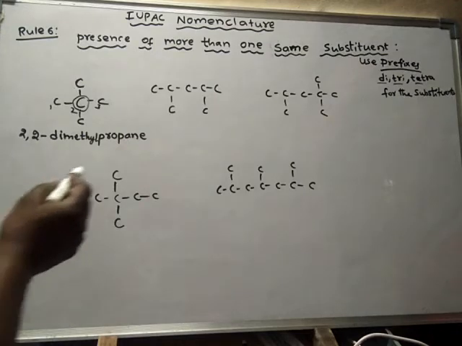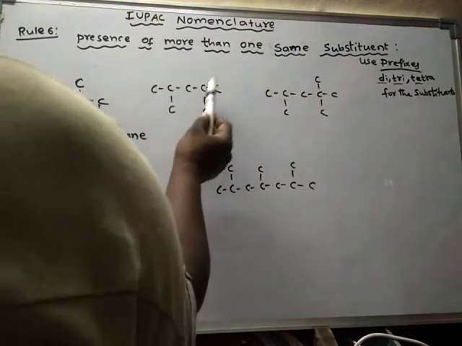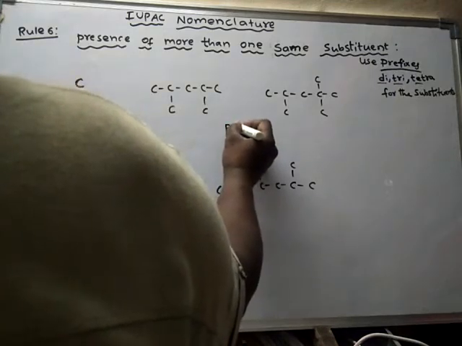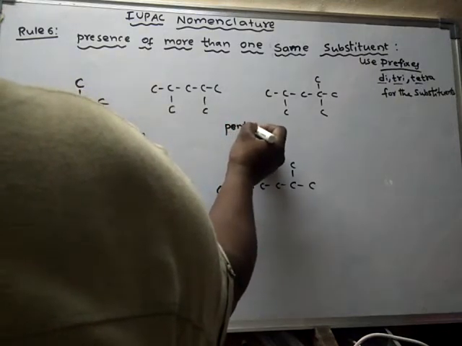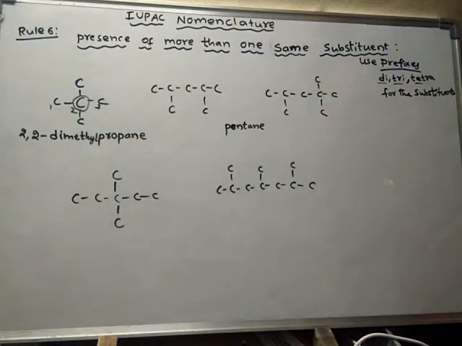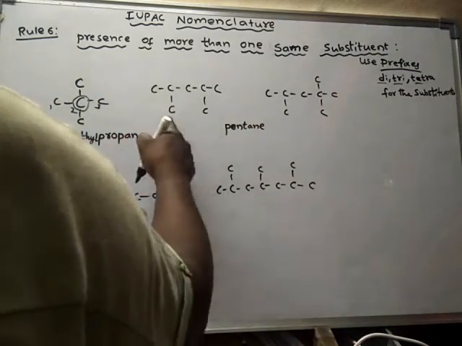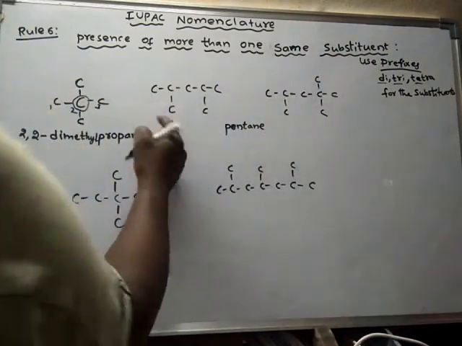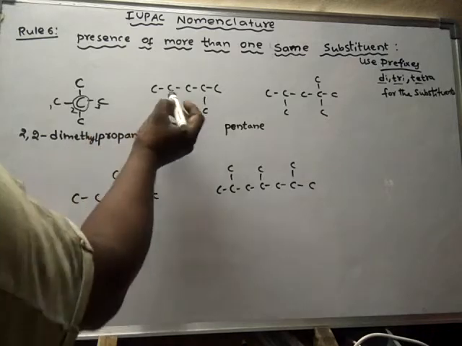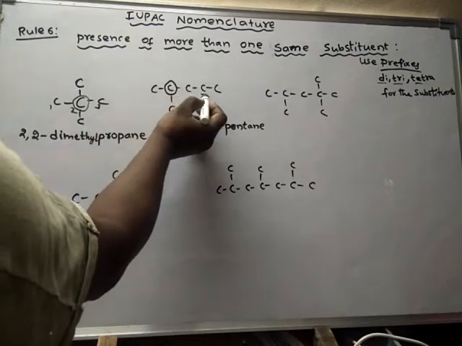Here count the number of carbons. 1, 2, 3, 4, 5. So it is a pentane parent chain. These are the same substituents, but located on different carbons.